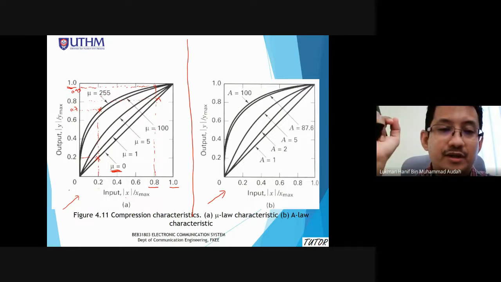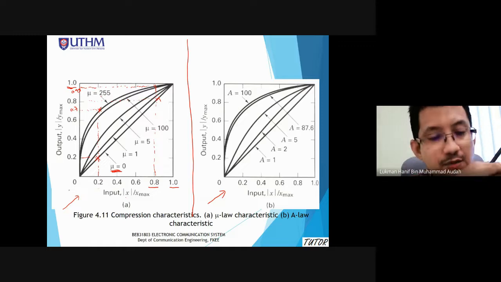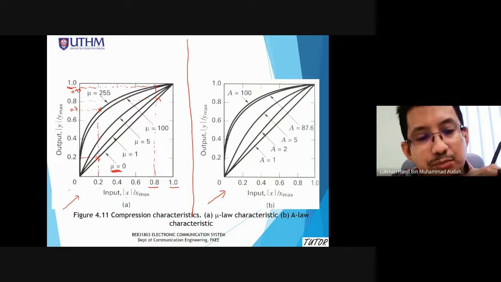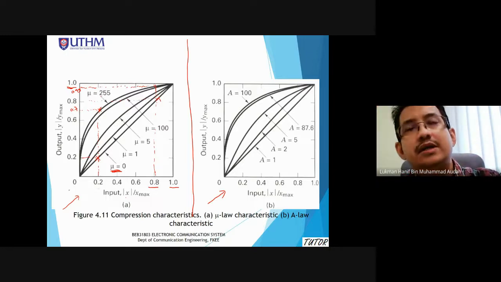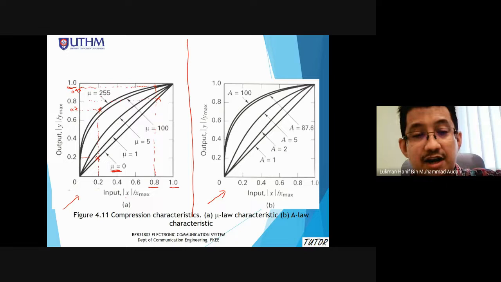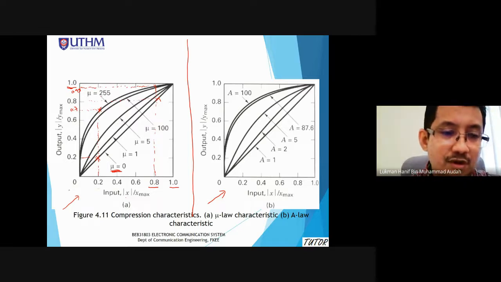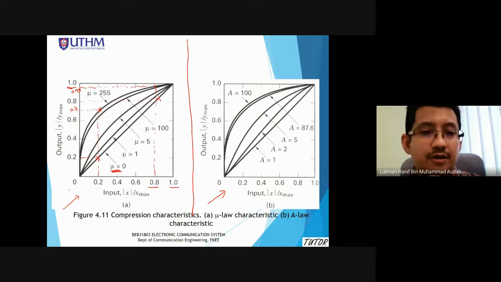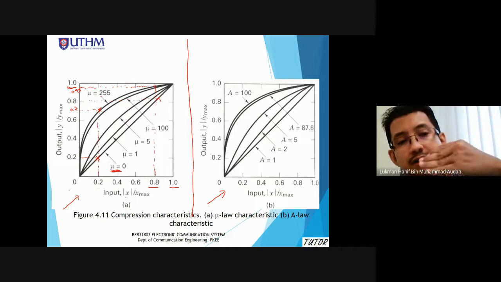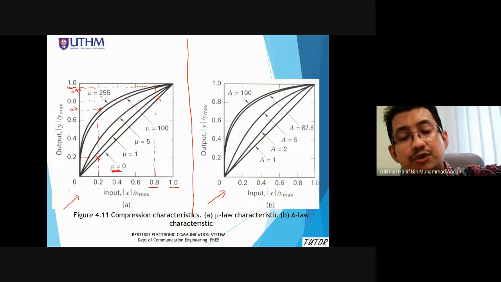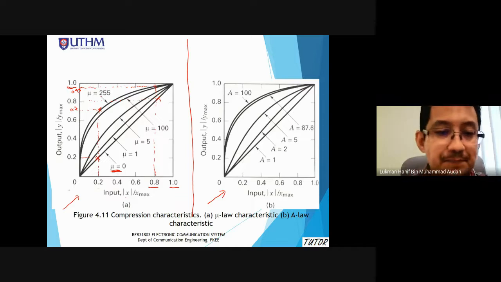Nampak, maknanya dalam kes ini, a small input signal will be increased at higher factor compared to the high input signal will be increased at small factor. Itu kalau kita menggunakan nilai mu ataupun nilai A yang semakin besar.